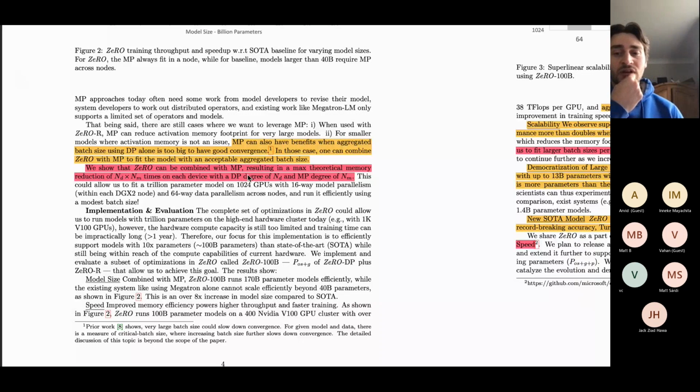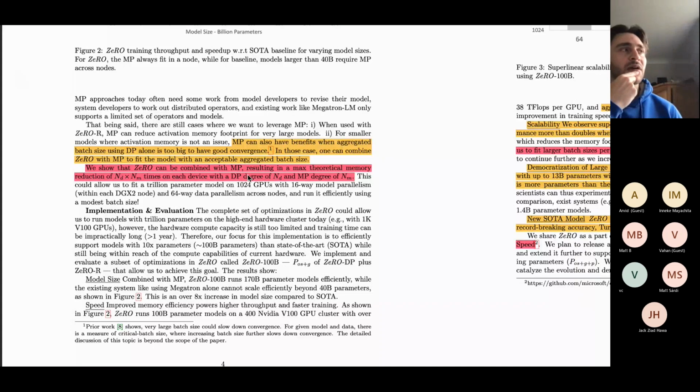And so what that means is that if you combine ZeRO with DP, say you used one or the other by themselves. If you use ZeRO by itself and you had 64 partitions, then you would get a decrease in memory of 64. If you use model parallelism by itself, I'm guessing you would also get a decrease of 64. But if you use them together, you'd split them in half, so you'd have a degree of 32.